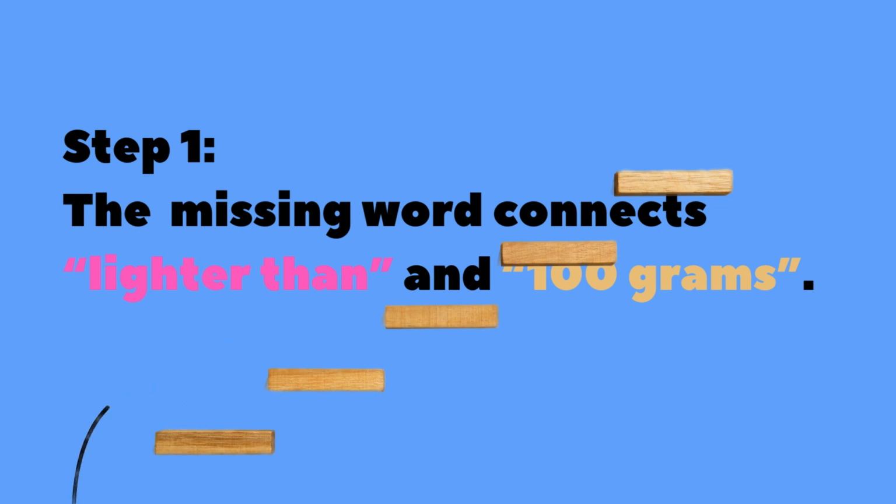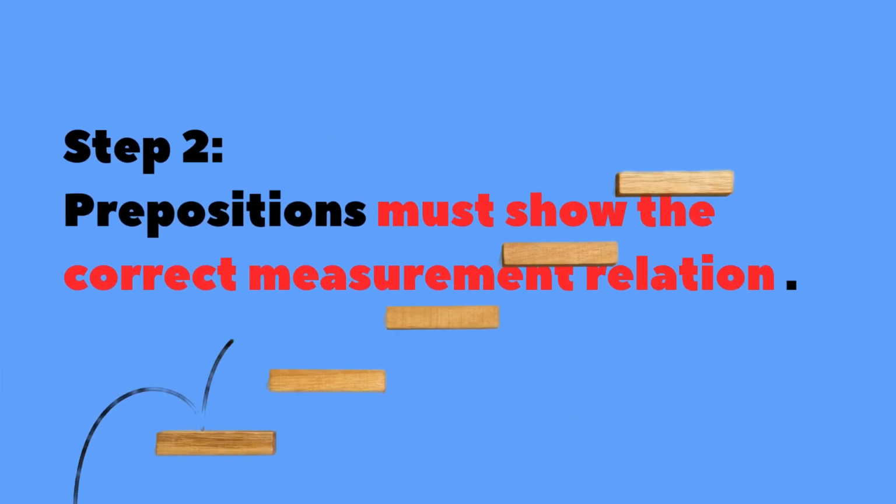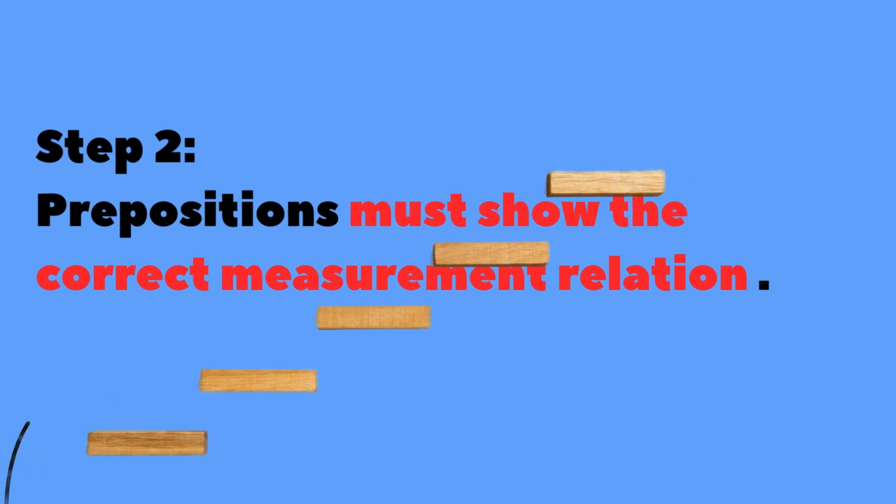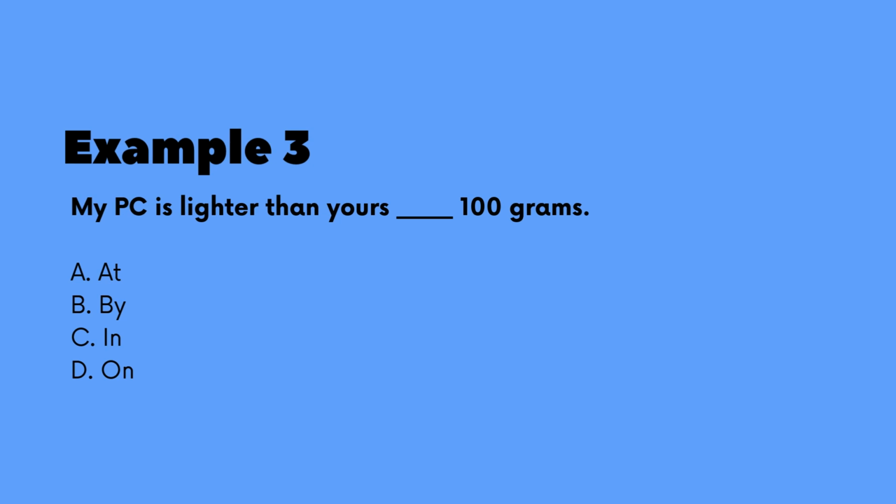So there should be a word connecting these two. So which words can be used sometimes to connect? In this case, it should be a preposition. So we have 4 prepositions as our options: at, by, in, and on.